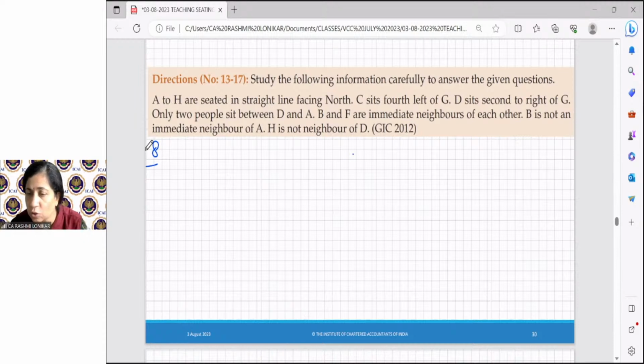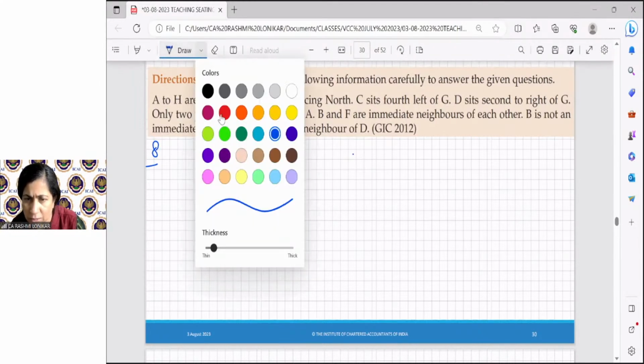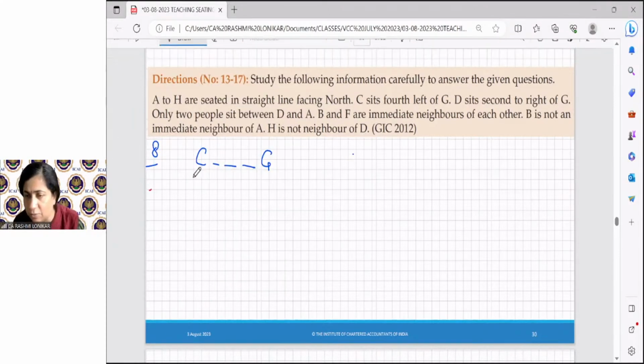C sits fourth to the left of G. So I have G. 1, 2, 3, 4. C sits to the left of G. D sits second to the right of G. Why do I change color? Usually I change color when I'm using the next information.